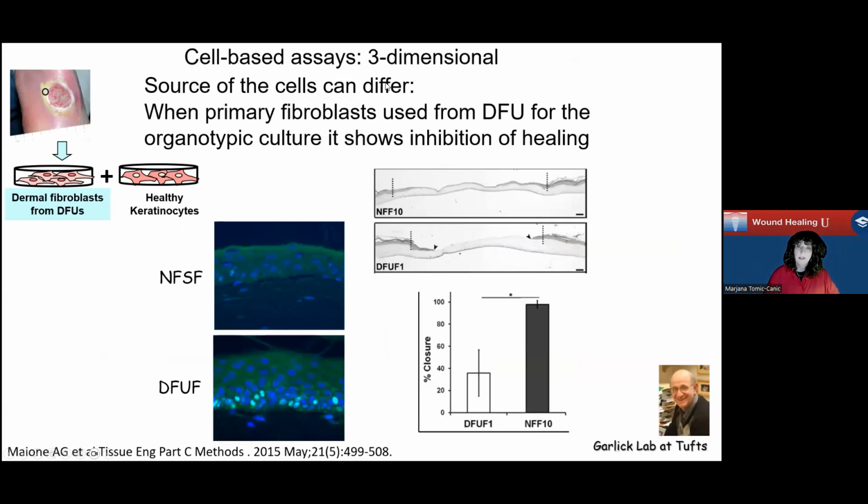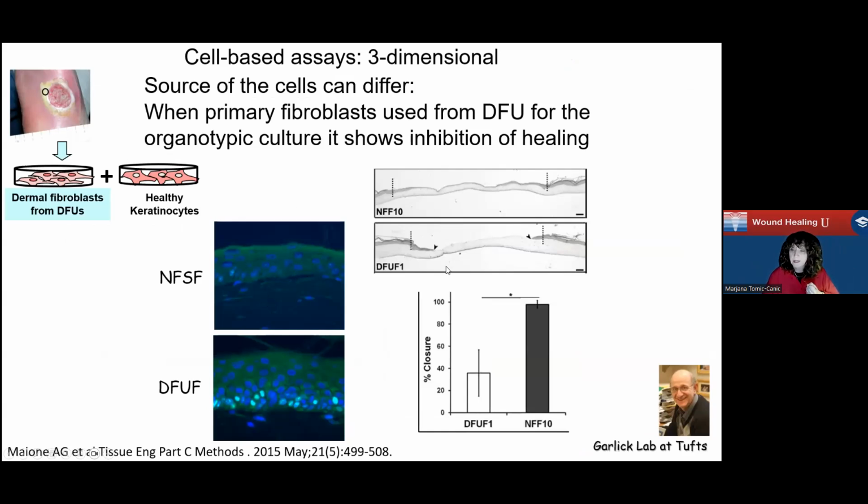Now, staying with the cell-based assay, as I mentioned, the source of these cells can differ. And so what we have done, for example, in collaboration with Dr. Jonathan Garlick's lab at Tufts, we have used the primary dermal fibroblasts from diabetic foot ulcers and healthy keratinocytes to generate organotypic culture.